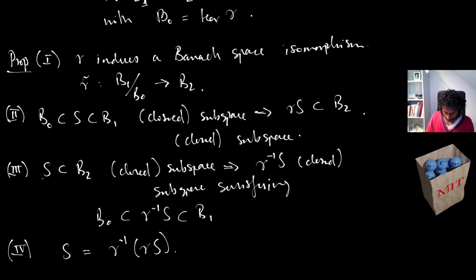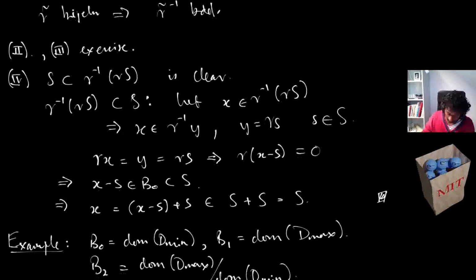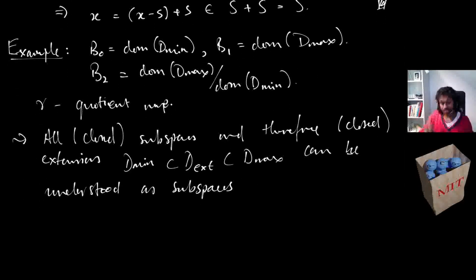Here S is sitting between B0 and B1. Here, I should have maybe called this S prime. When S is a closed subspace, then gamma inverse S is a closed subspace. That's really important to know. It's not enough just to know that they're subspaces, because they govern closed operators. So knowing when an operator is closed is a very important question.